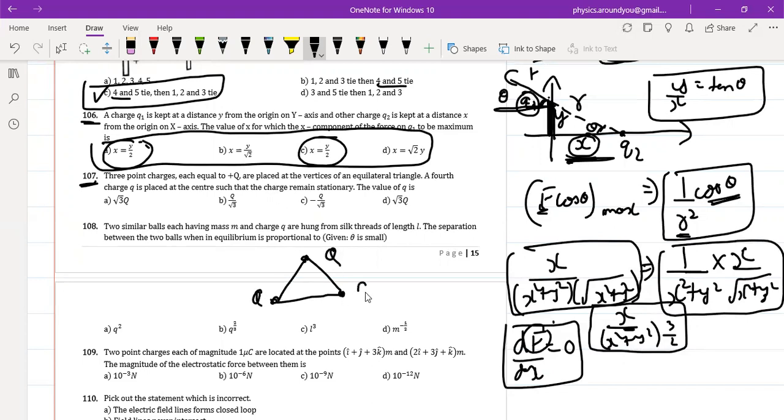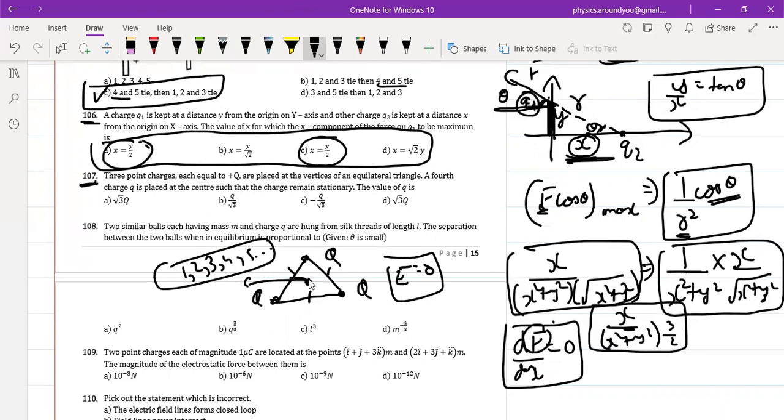You look at it. Q, Q, and Q. All three charges are same. So at the center, it's an equilateral triangle though. So at the center, the field due to these charges is 0. So no matter whatever charge, 1 coulomb, 2 coulomb, 3 coulomb, 4 coulomb, whatever x and y coulomb, whatever charges you keep at this point, the force experienced by that will be 0.